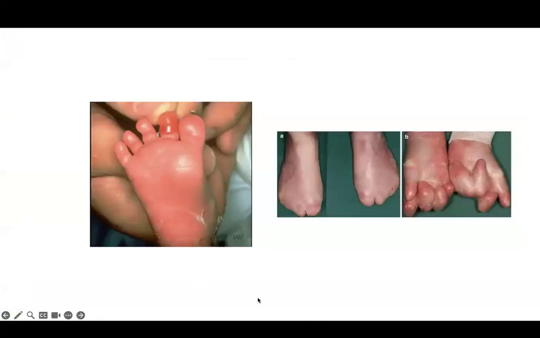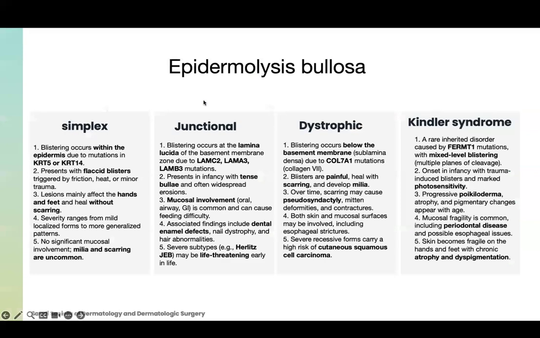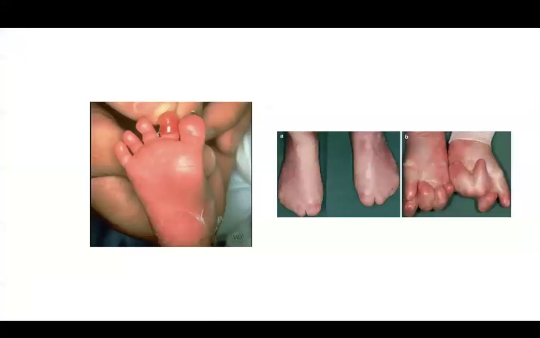The first picture is of acral epidermolysis bullosa simplex. It's a mechanical blister, so it occurs at sites of friction, as you can see in this newborn. The second picture is an extreme presentation. It's epidermolysis bullosa dystrophica, the third variant that we just discussed, and it can lead to this deformity.